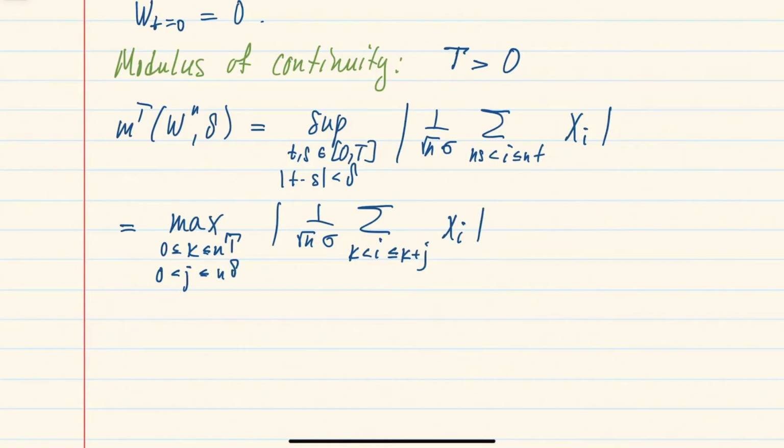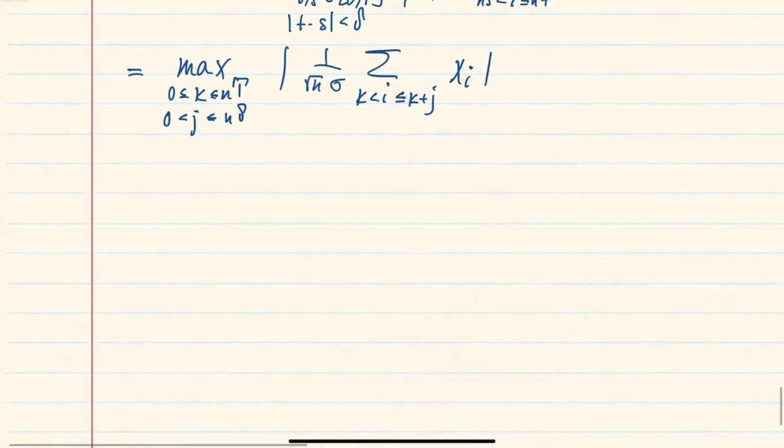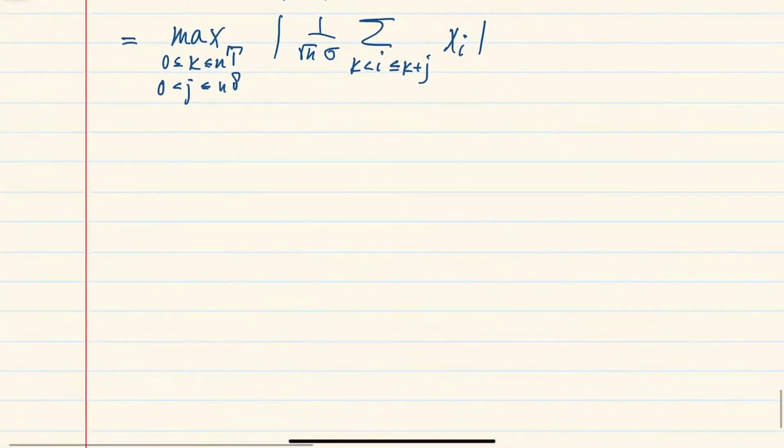Now, the first thing that we need here that will be important in this proof is to notice that we can discretize the starting point k. Okay, so when we look at this maximum here, we are going to consider the integers which are actually proportional to this increment n delta.